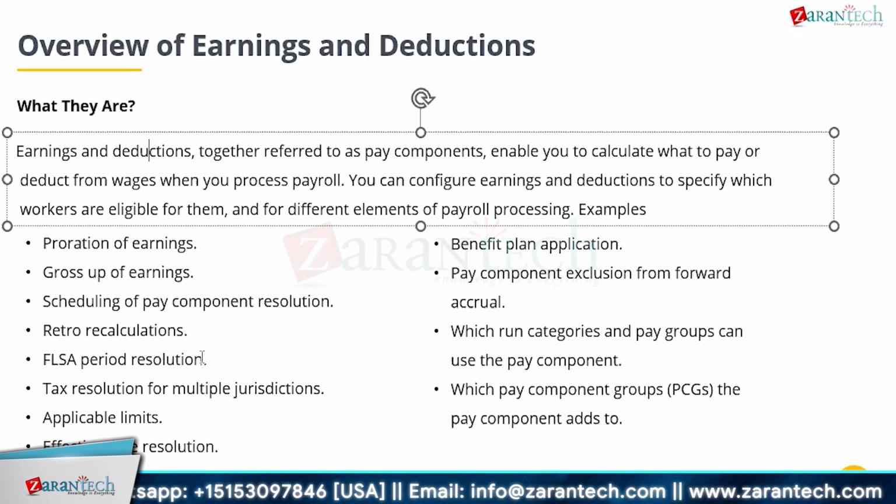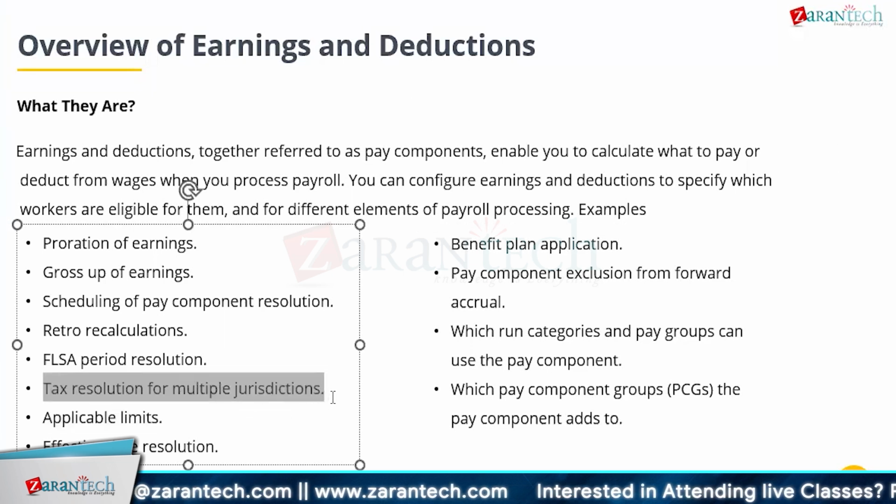But whether an earning should resolve in the FLSA period or not is also configured at the earning level. Okay. Now, tax resolution for multiple districts. So this is another tax concept. Multiple jurisdictions basically refer to, let's say you have an employee who keeps on traveling between two states.